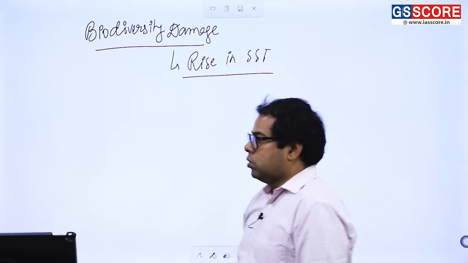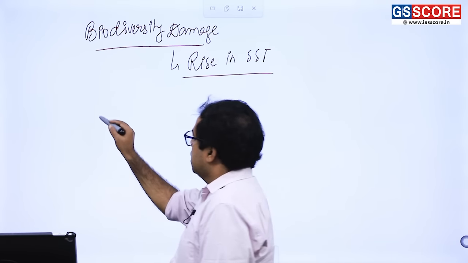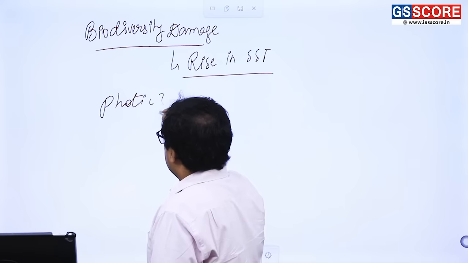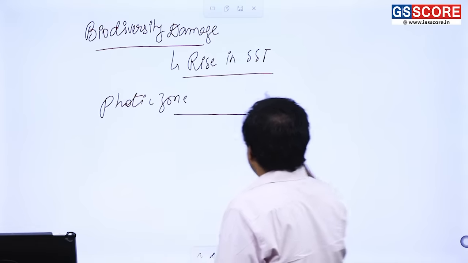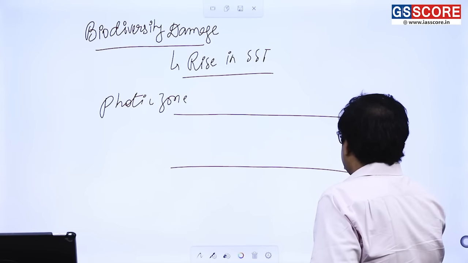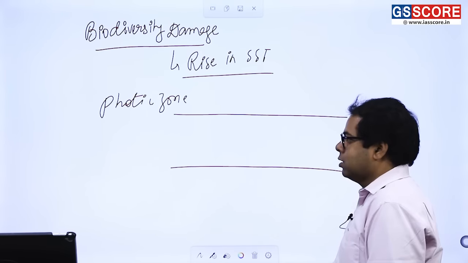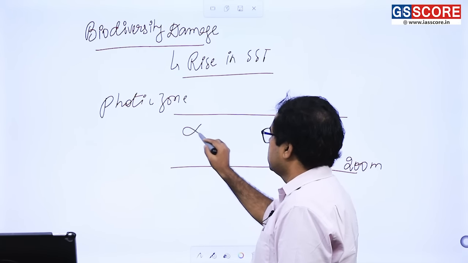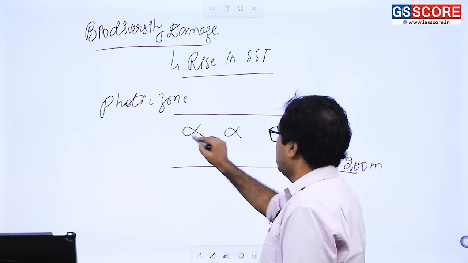We all know that the photic zone, up to 200 meters depth in the ocean water, is a rich zone for all varieties of fish, large and small.